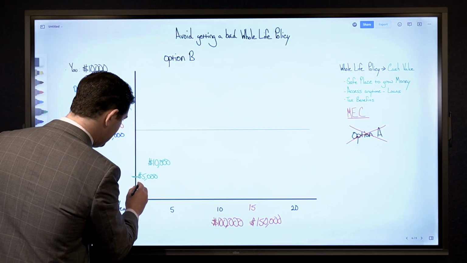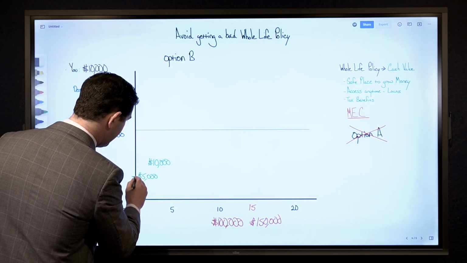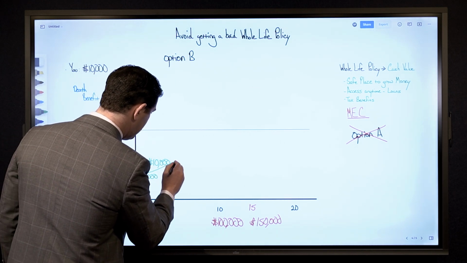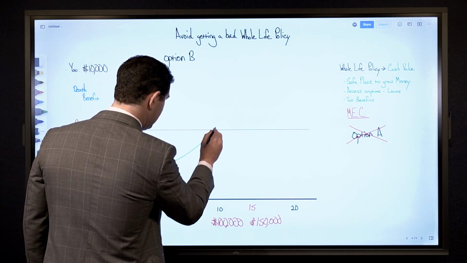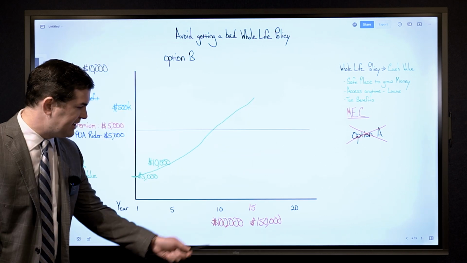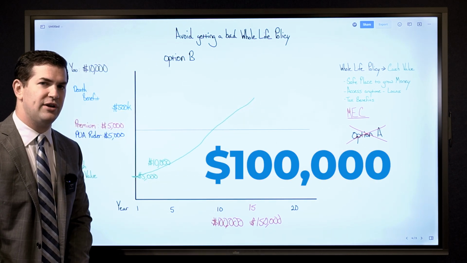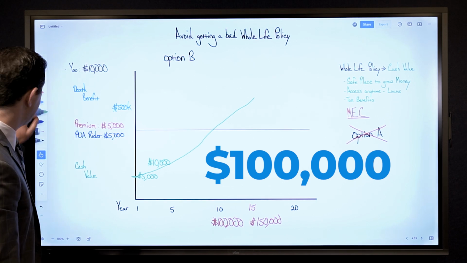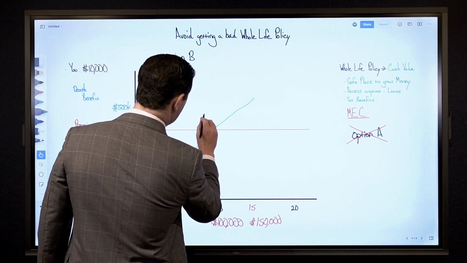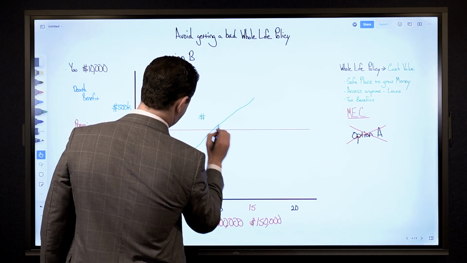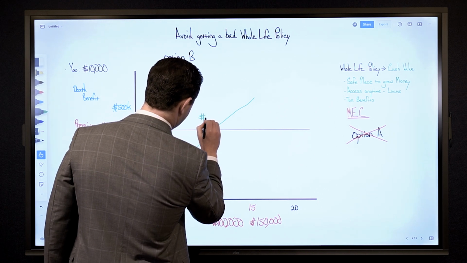What'll happen is that cash value will start at 5 and 10. It'll continue to grow over time. By the 10th year, you paid in how much? $100,000. By the 10th year, you're going to have more than $100,000. You might have, call it 110.